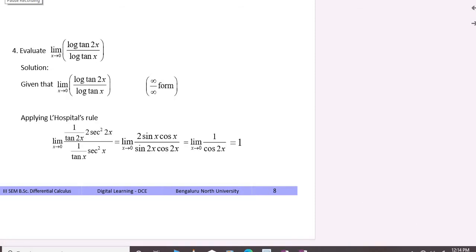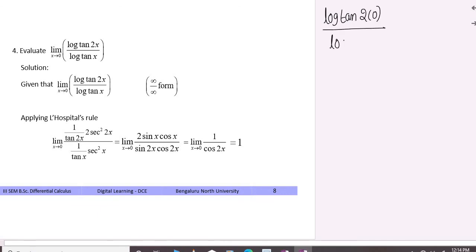Next question. Evaluate limit x tends to 0, log of tan 2x by log of tan x. First we are going to substitute x equal to 0 in the given function. Then log tan 2 times 0 divided by log tan 0.